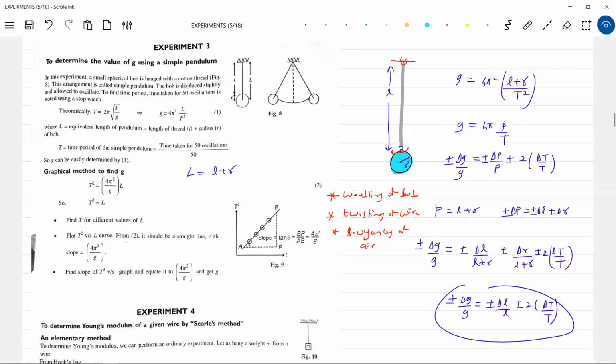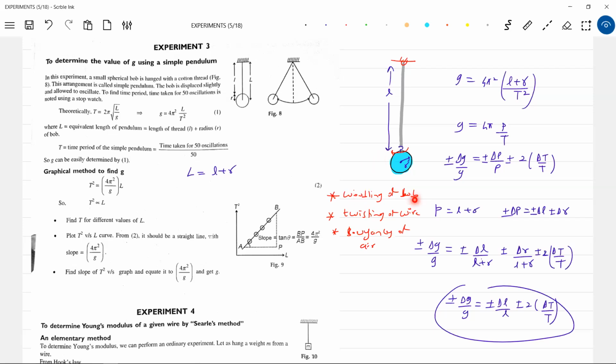All this will lead to some error. That's why when we do an experiment, we should not get an exact value, we should get some error. They may test what are the possible errors which we don't usually consider.